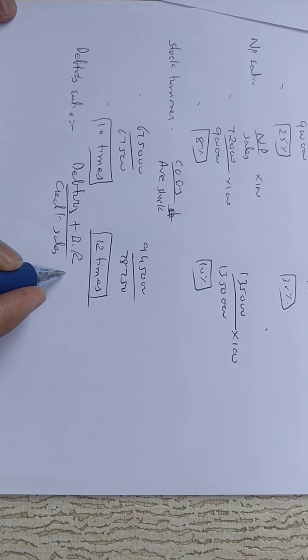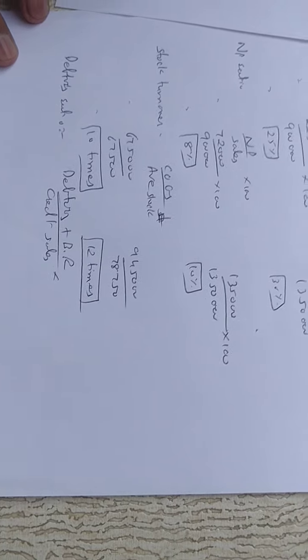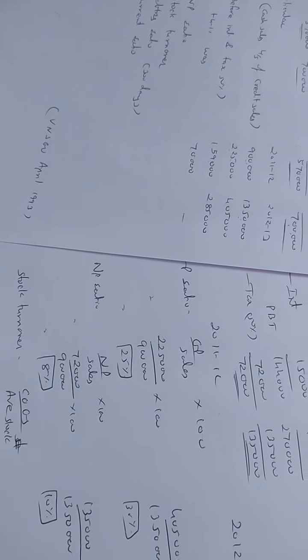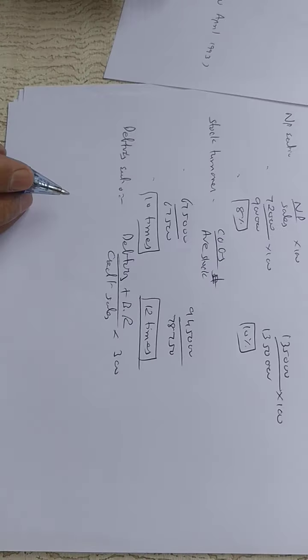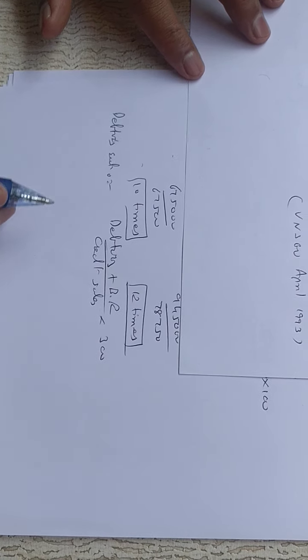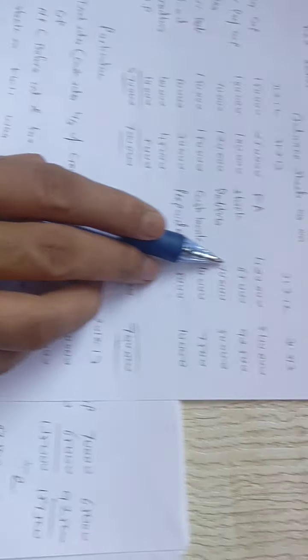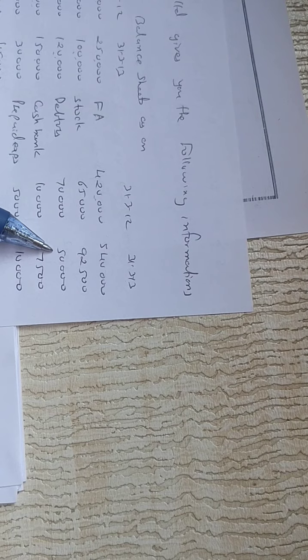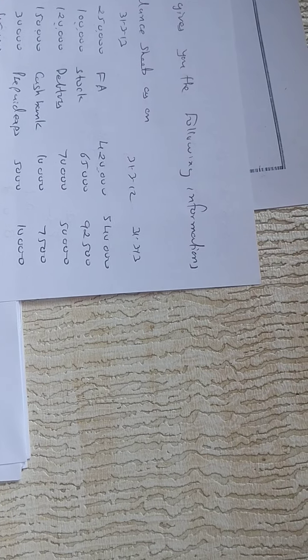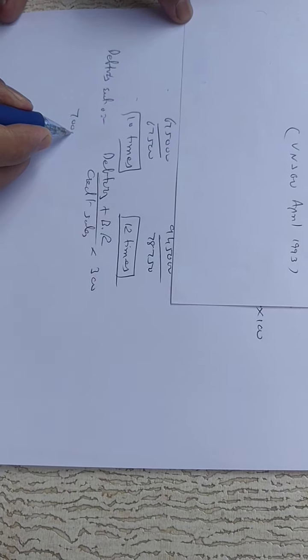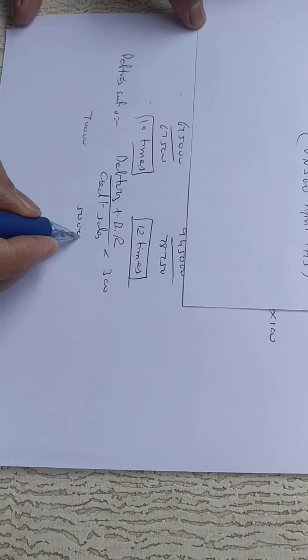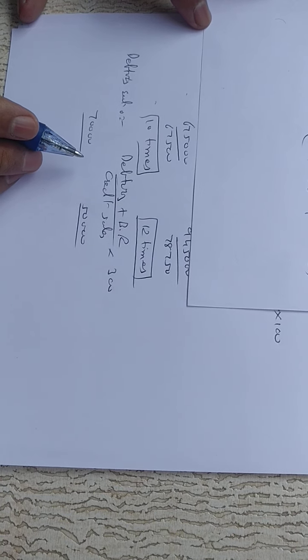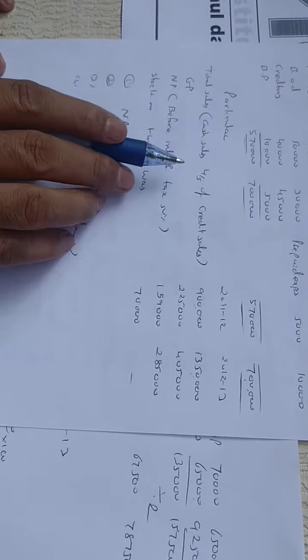Debtors ratio: debtors plus bills receivable, upon credit sales, into 300 days given. So 300. First year debtors 70,000, second year 50,000, no bills receivable given. Credit sale. Now there is something different.